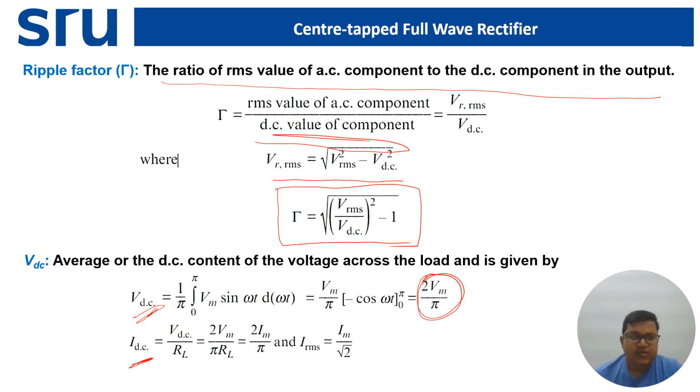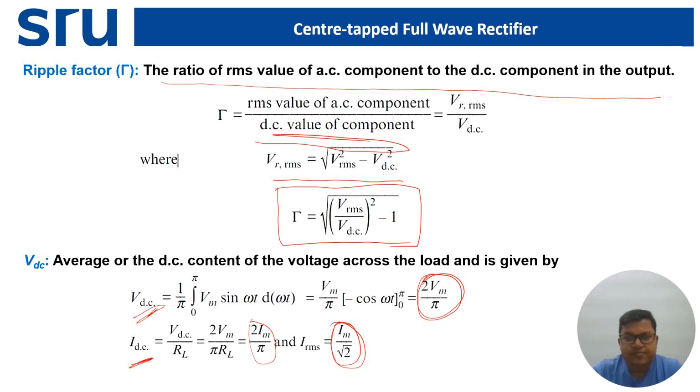So IDC is equal to twice Im by pi, and IRMS is equal to Im divided by root 2. These two values we need to remember.